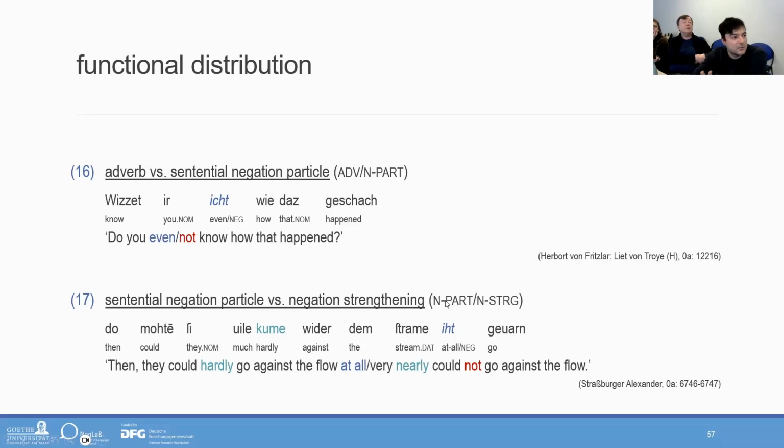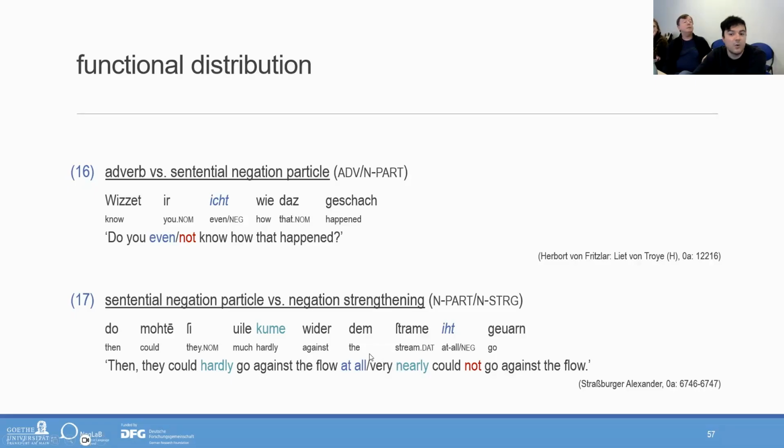So, just for instance, as a strengthening with negation already. And in this case, "da mochten sie viel komme wieder dem Strom ich gefahren." And depending on how you would interpret kaum here, because it could mean something like both partly or nearly, both of them could be possible.